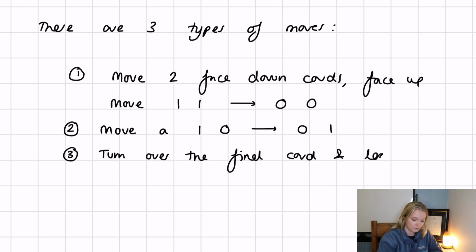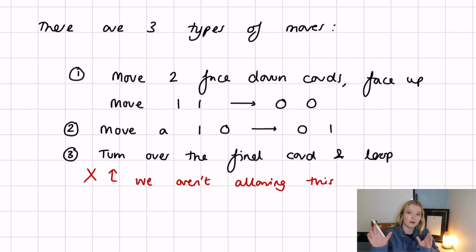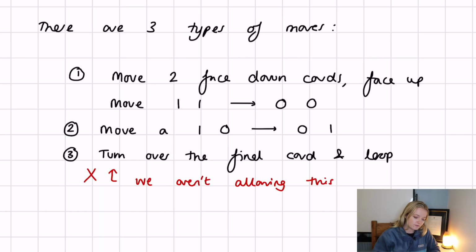I'll put a cross and say we aren't allowing this. If your end card was face down, you flip that up, and then the card immediately to the right, you would loop back around and it would be the first card in the list, and that would then turn. So let me know in the comments what you think would happen then, but for the sake of the video, we're just omitting it for now.